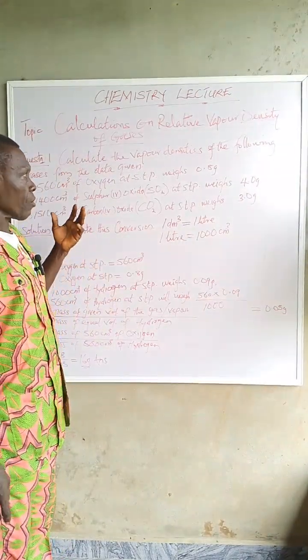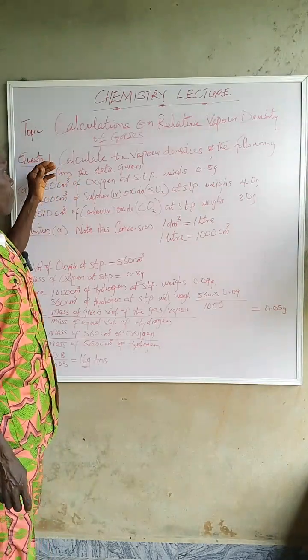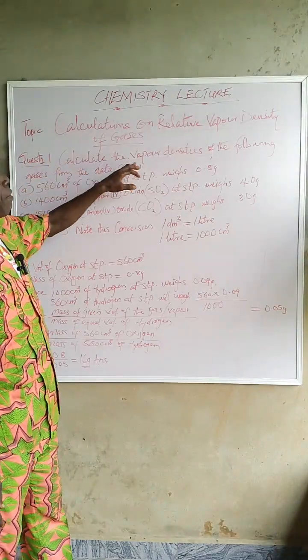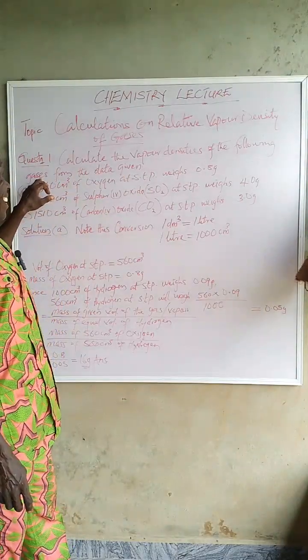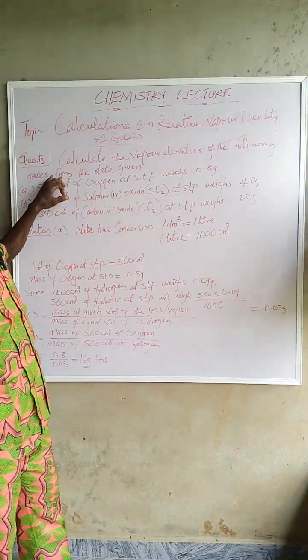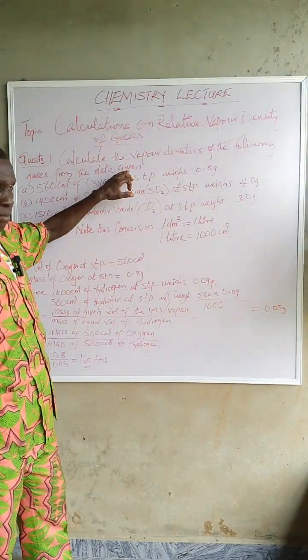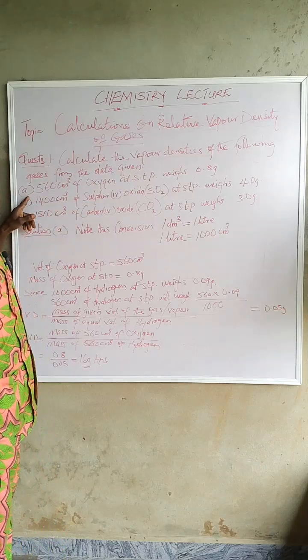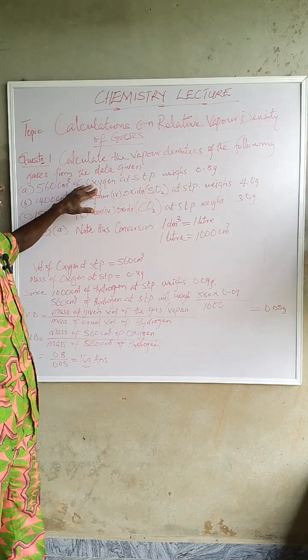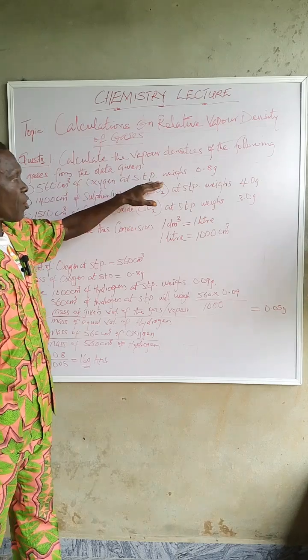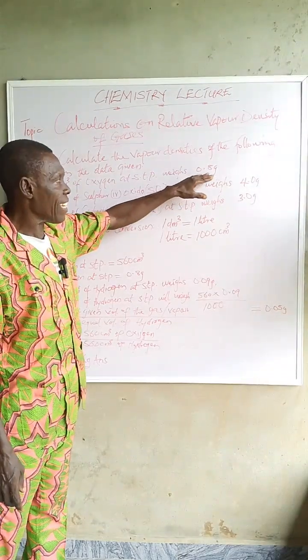See question number one that is before us here. Calculate the vapor densities of the following gases from the data given. A: 560 cm cube of oxygen at STP weighs 0.8 grams.